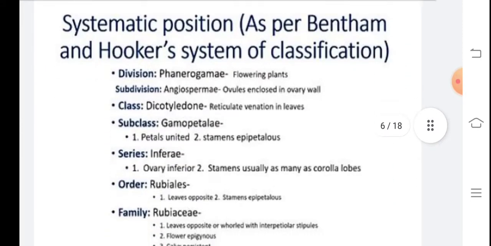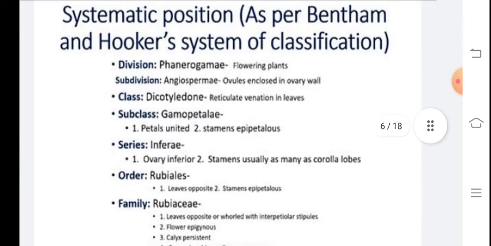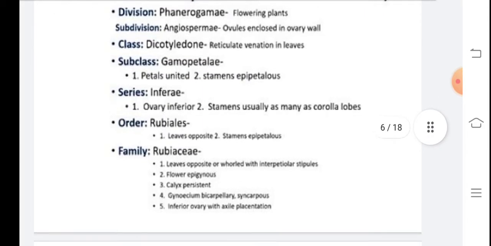Then in systematic position we are following the Bentham and Hooker system of classification. So division Phanerogams, that is flowering plants, subdivision Angiospermae, ovules enclosed in the ovary wall, class Dicotyledonae, reticulate venation in the leaves. Then subclass Gamopetalae, petals united, stamens epipetalous, series Inferae, ovary inferior, stamens usually as many as corolla lobes.